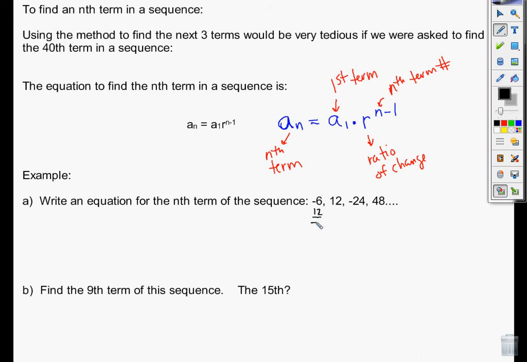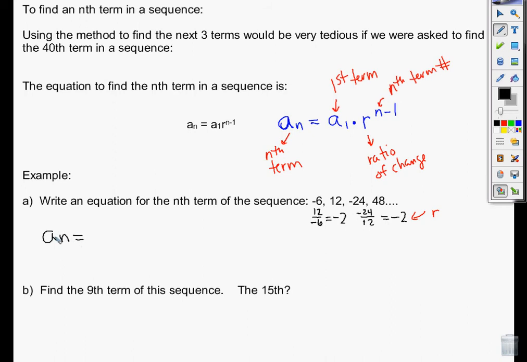If it doesn't jump out at you, do the ratio thing. You only have to check like 2 of them to see if it works, make sure it works. So -2. This is R.